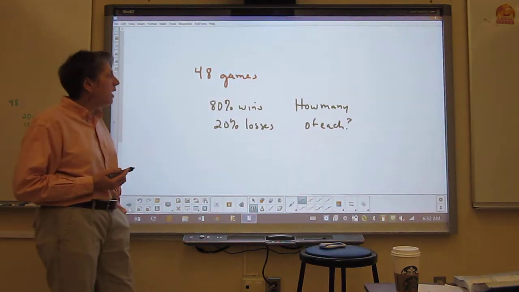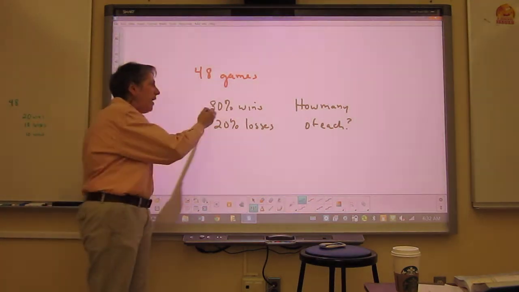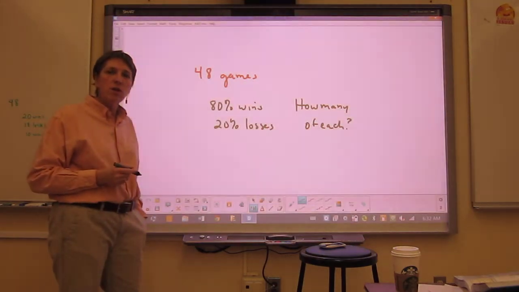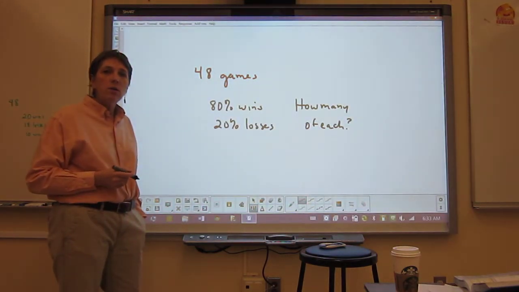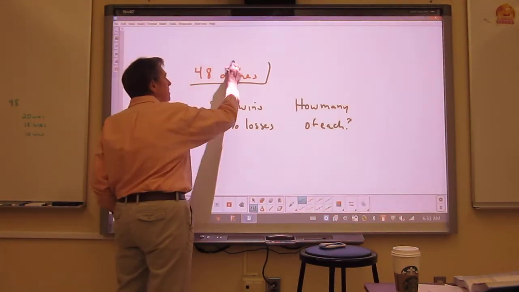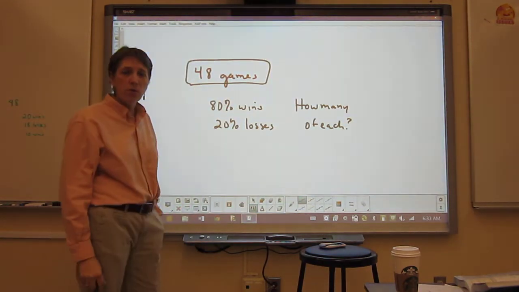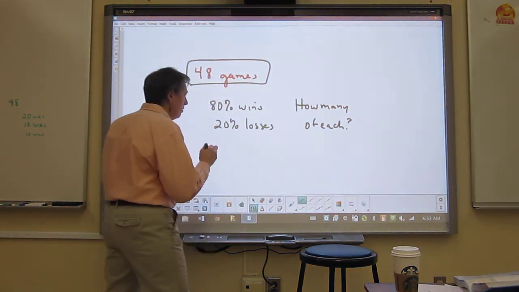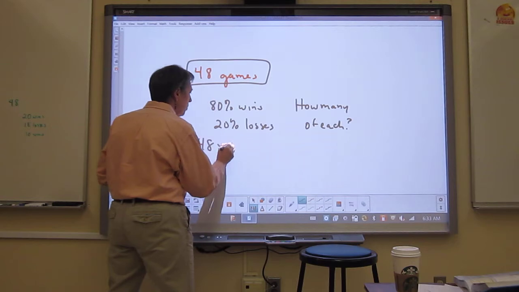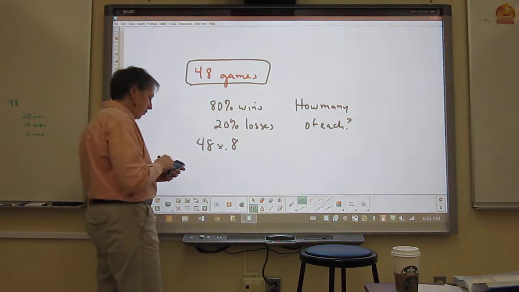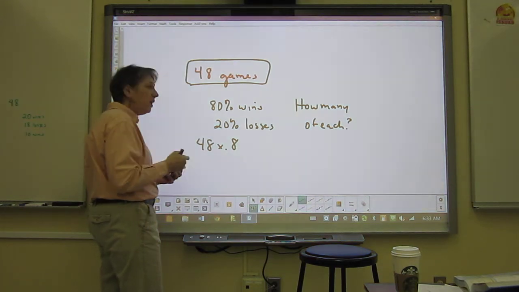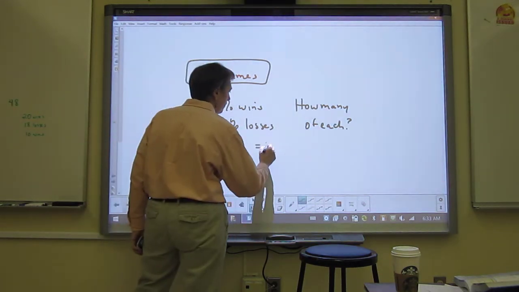So if I have 48 games, and 80% were wins and 20% were losses, and I ask how many of each did I have? Well, this is the total, like the survey, the total number, 48 games. And we're going to multiply 48 times 0.8, because that's the decimal, and I get 38.4 games.